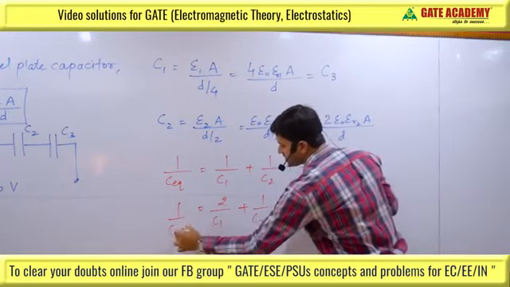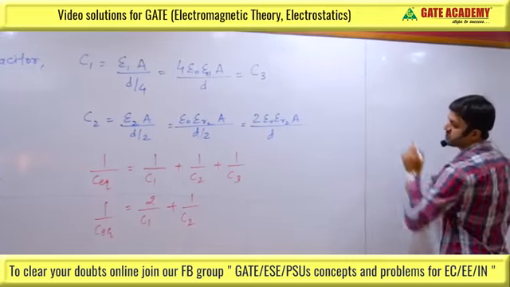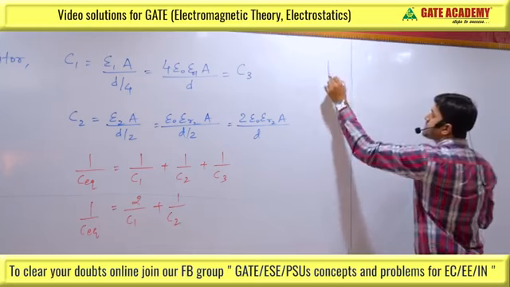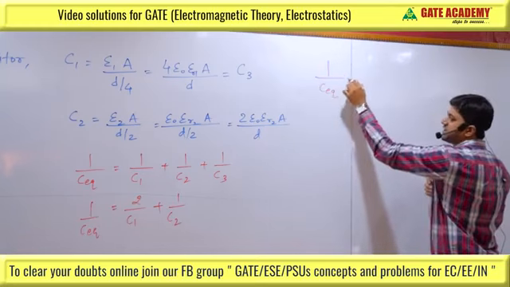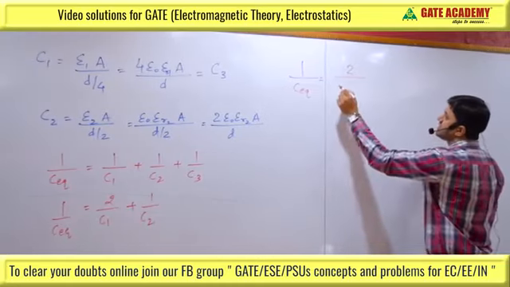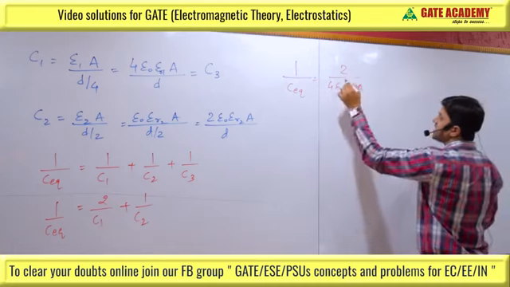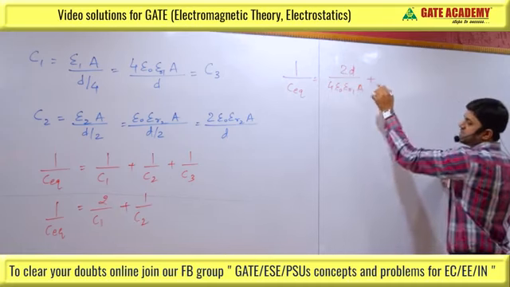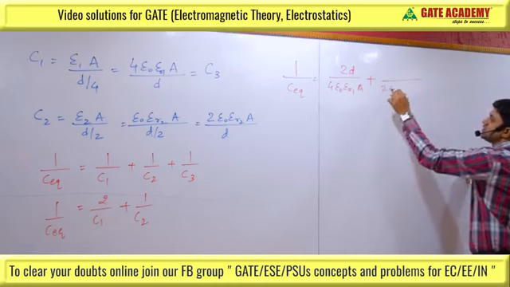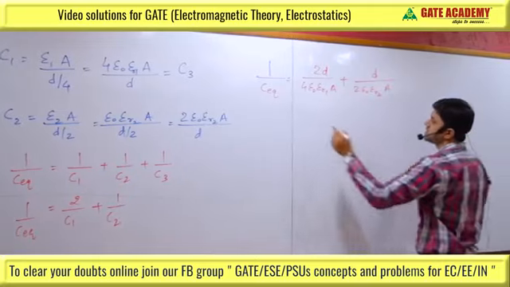So if we put the values of C1 and C2 in this equation, 1 upon C equivalent will be equal to 2 upon C1, where C1 is 4 epsilon naught epsilon R1 A by D, plus 1 upon C2, which is 2 epsilon naught epsilon R2 A upon D.